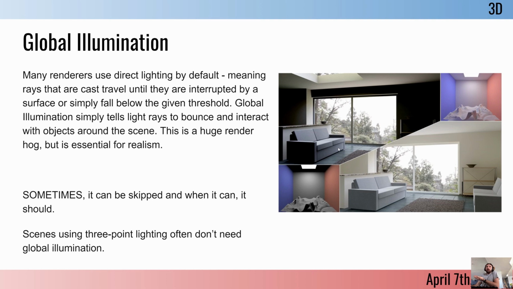But that doesn't really happen in real life because the light bounces so much that it doesn't stop on one bounce and then everything else is black. It bounces around so much that it fills the space with light. And that's what global illumination is used for.